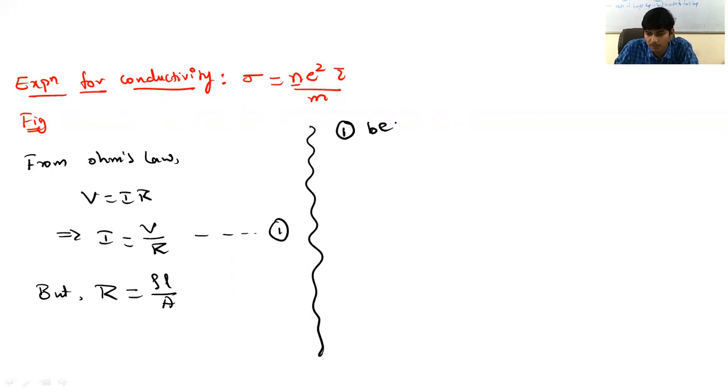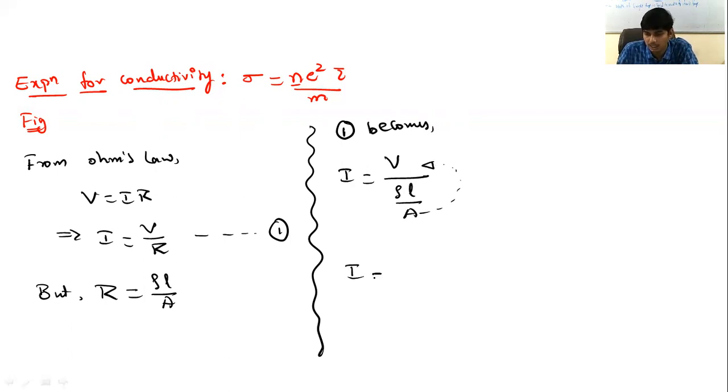So equation 1 becomes I is equal to V divided by rho L by A. The denominator of the denominator goes to the numerator, so this becomes I is equal to VA divided by rho L, right?